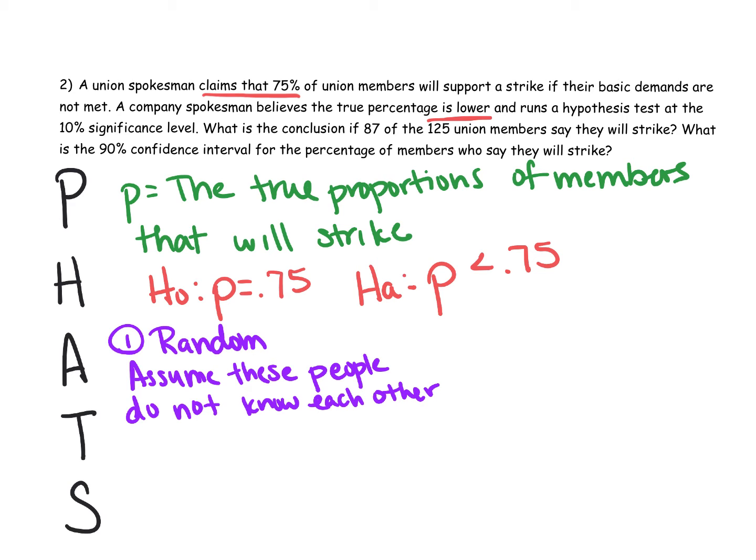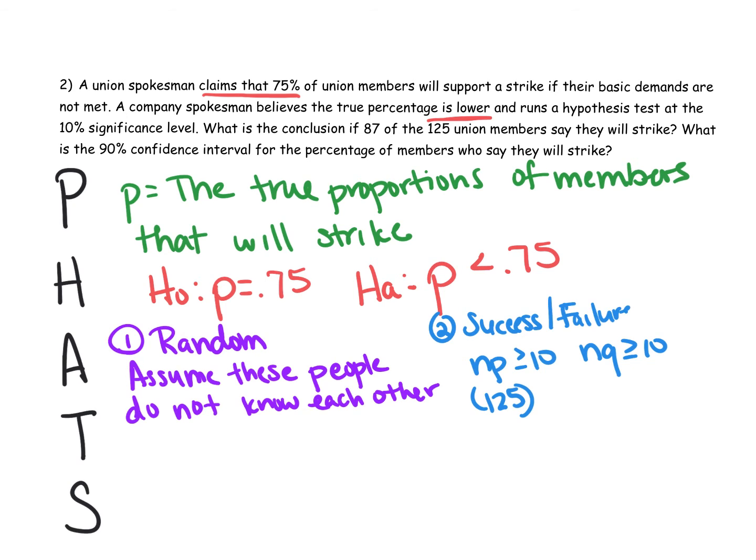And then the second thing I'm going to test is the success failure clause. So remember, success failure says that success is n times p is greater than or equal to 10. Failure is n times q greater than or equal to 10. My n here is 125. My p here, the population parameter, is 0.75.